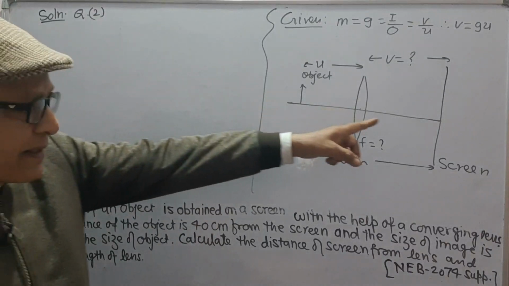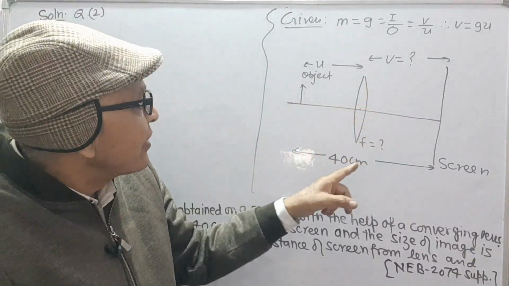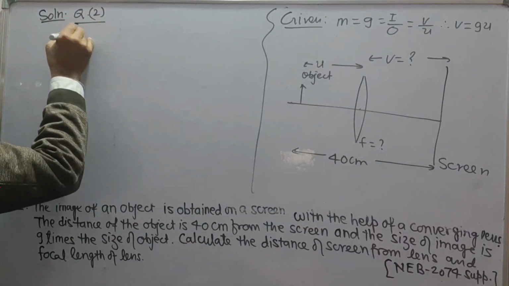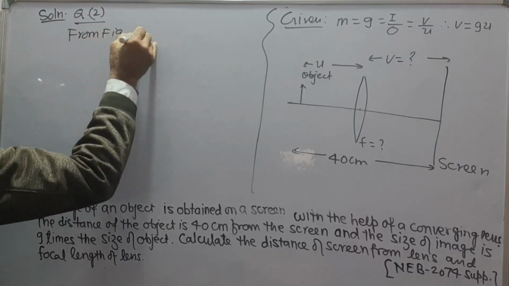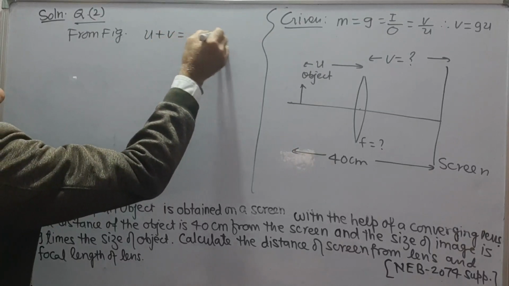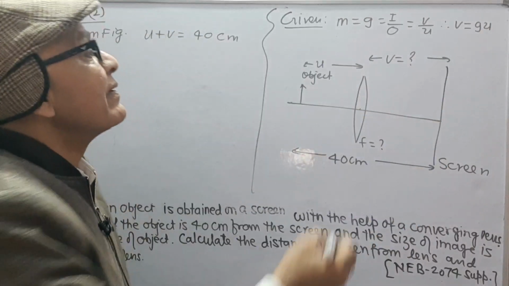Now from this diagram it is clear that U plus V is equal to 40 cm. From figure, U plus V is equal to 40 cm, and V can be written as 9U.